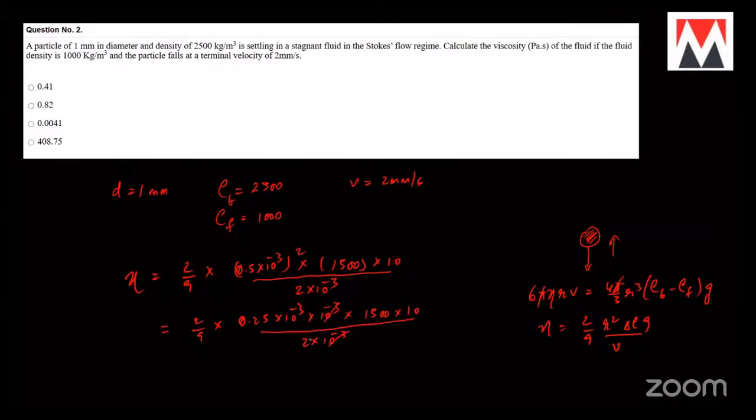So minus 3 got cancelled. 2 and 2 got cancelled. So you have 9, and 10 power minus 3 you can take as 3 by 2. So this is 0.25 into 0.25 by 2 actually. So it is 0.25 is 1 by 4 into 1 by 6 into 10. So it is generally 10 by 24.